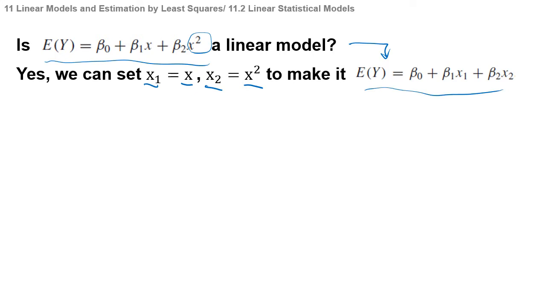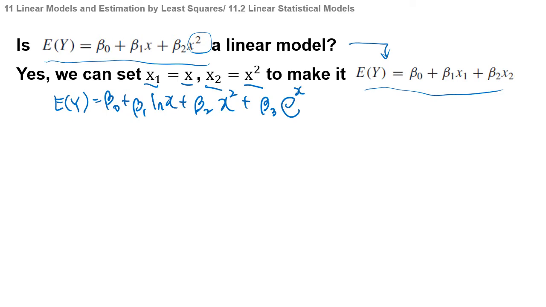And in the same way, if we replace this with something else, like the expected value of y equals beta 0 plus beta 1 ln x plus beta 2 x squared plus beta 3 e to the x, is this a linear model? And actually the answer is yes. If we specify this as x1, this as x2 and this as x3, this is a linear model.